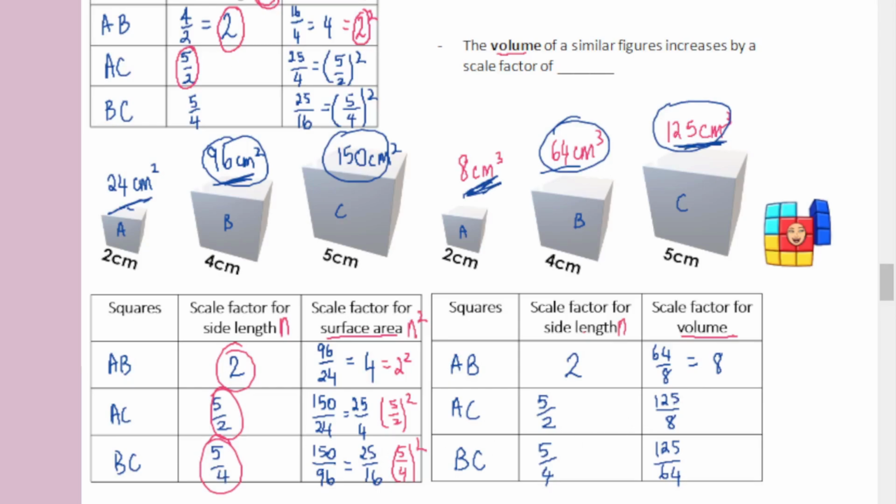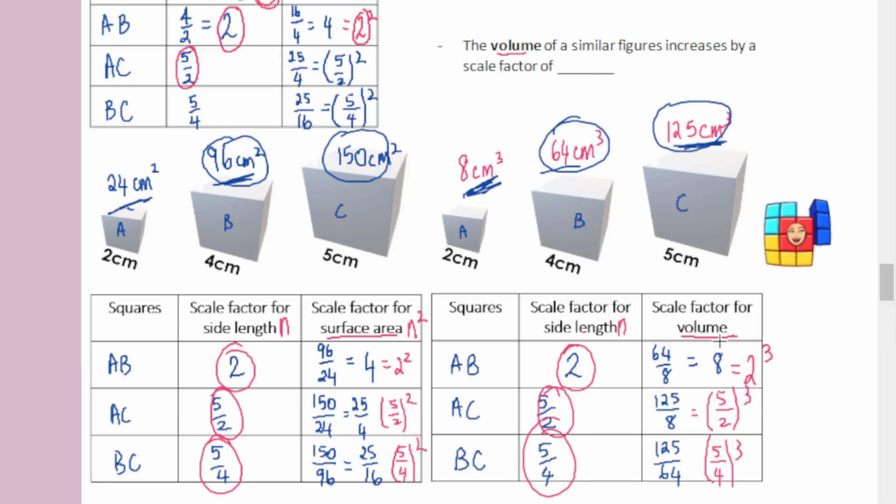And we can see that 8 is the same as 2 to the power of 3. 125 over 8 can be written as 5 cubed over 2 cubed, or 5 over 2 cubed, so it's that cubed. 125 over 64 we can also write as 5 over 4 cubed, and again it's that cube.